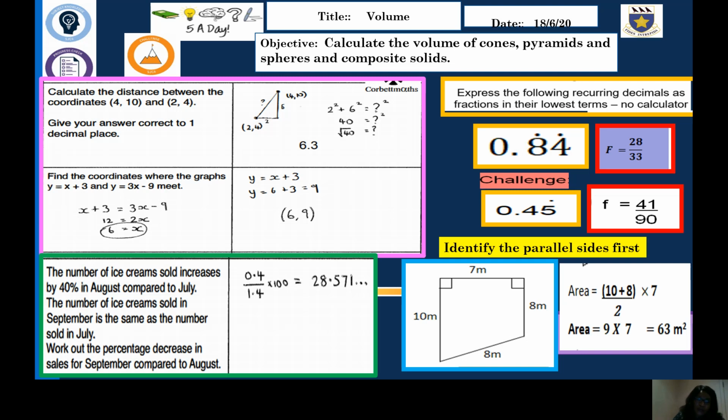So you use Pythagoras, squaring both numbers, 6 and 2, adding them together, to give you 6.3 once you have found the square root.